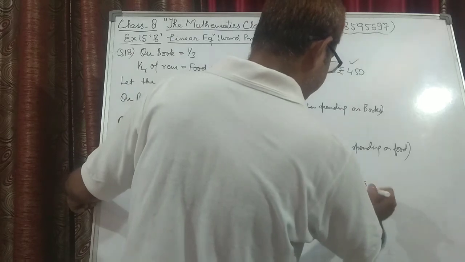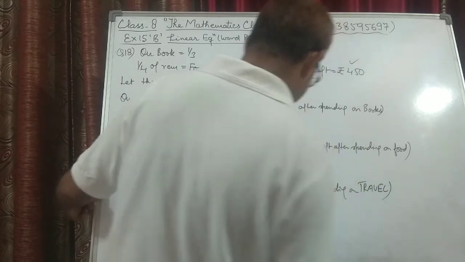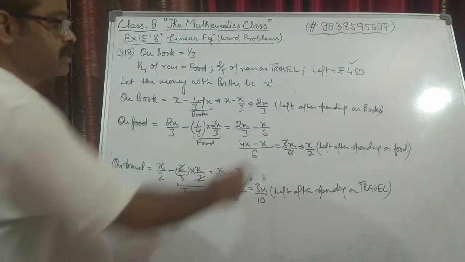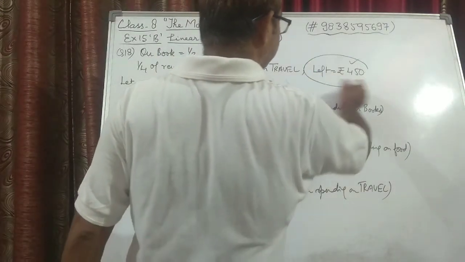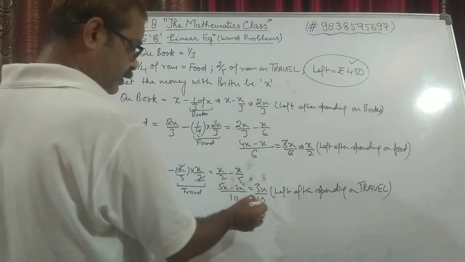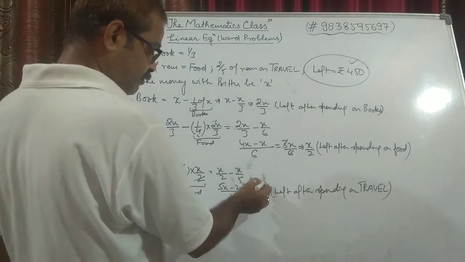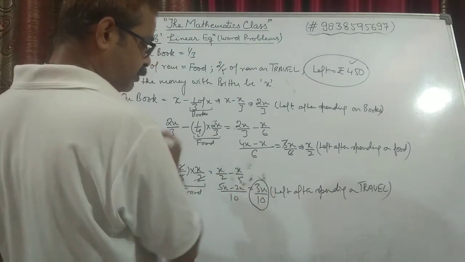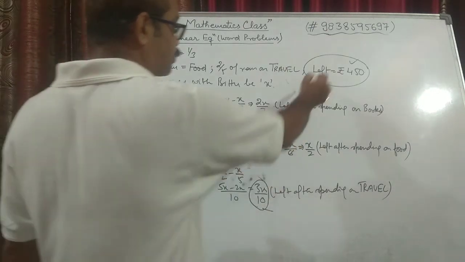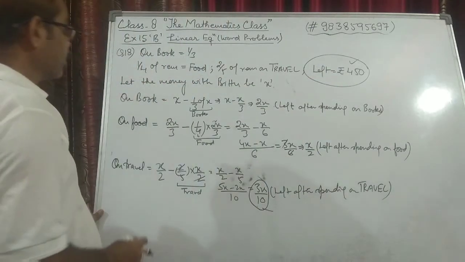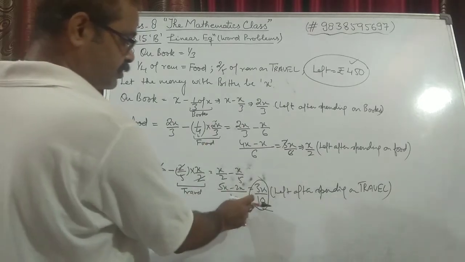Now they say after spending he is left with 450 rupees. In terms of x, we have calculated 3x upon 10 is left with him. It means 3x upon 10 should be equated to 450, because the amount finally left is 3x upon 10.